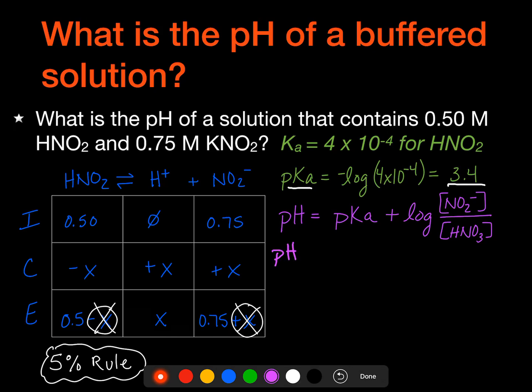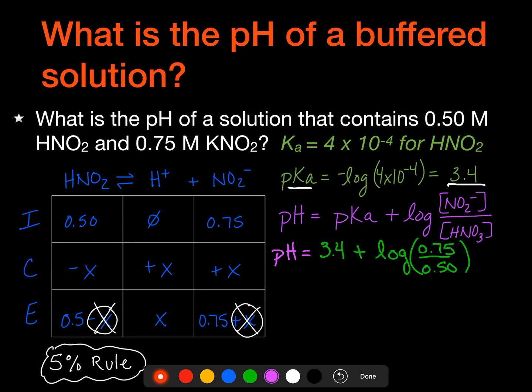So to find pH, we're going to take that 3.4 that we have from up here, and we're going to add that to the log of the anion over the weak acid. And so in that case, we have 0.75 divided by 0.50.